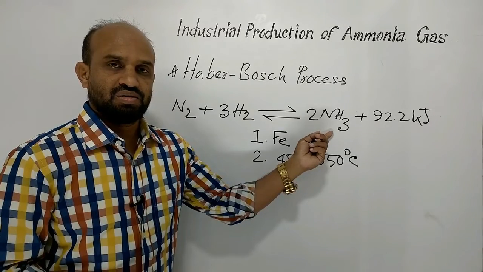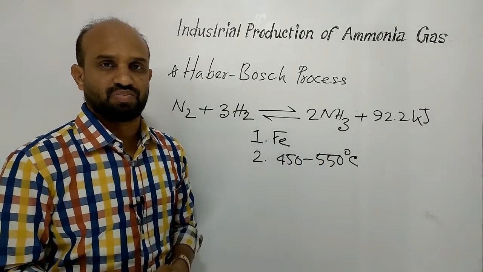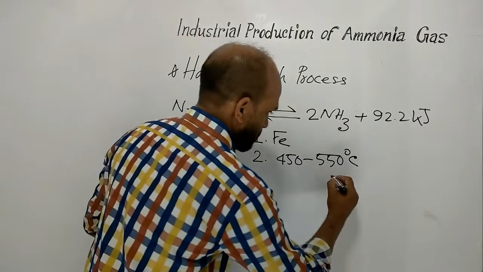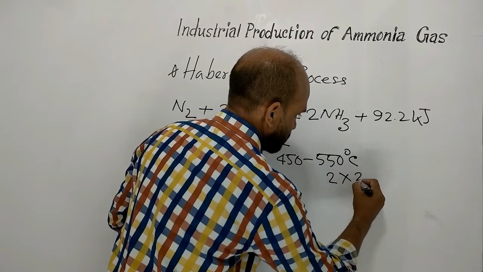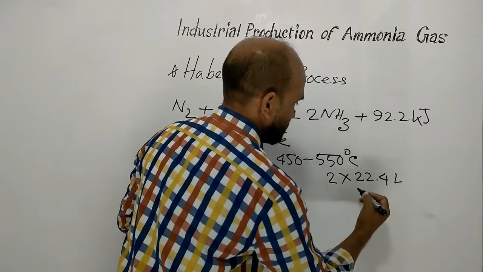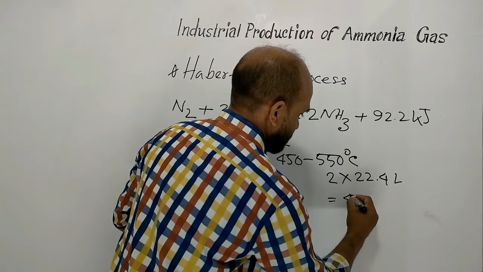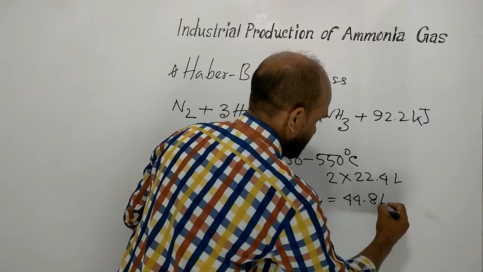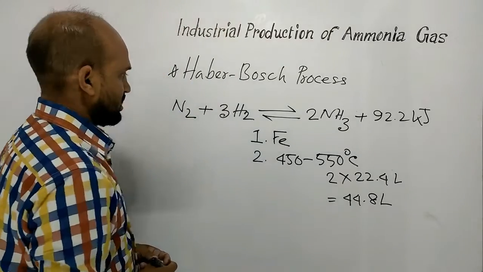Number 3, 2 moles of ammonia gas are produced. That means 2 into 22.4 liters, which is 44.8 liters volume.